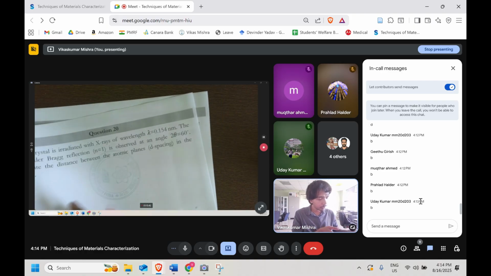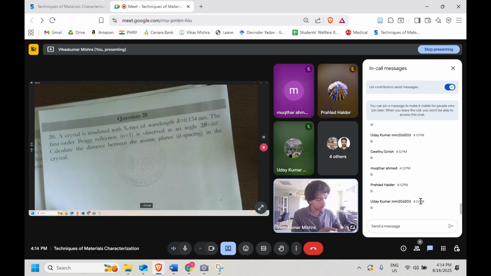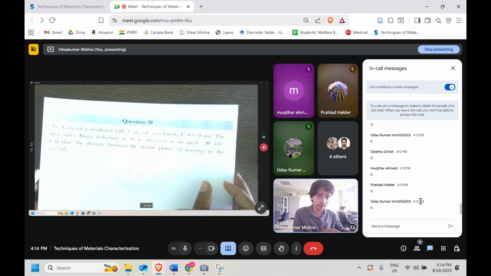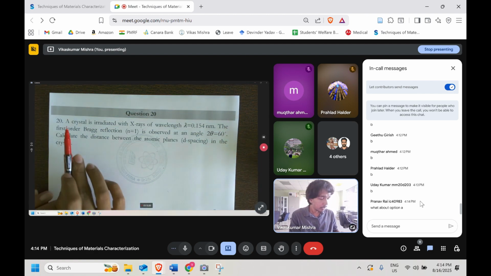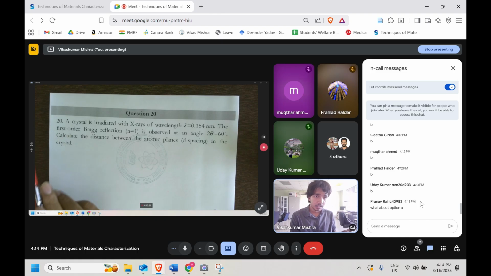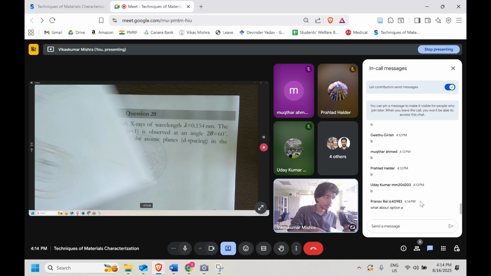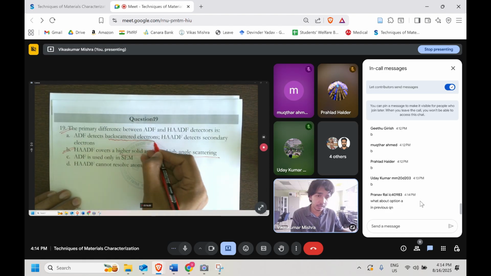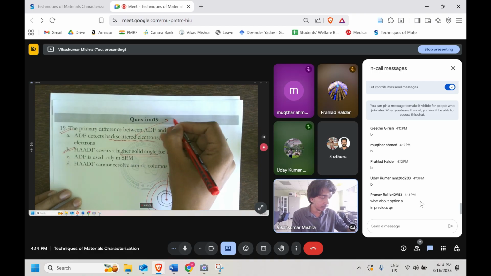Now, only 3 questions are left. Let's try to solve them. What about option A? See, the term backscattered electron comes in the SEM.